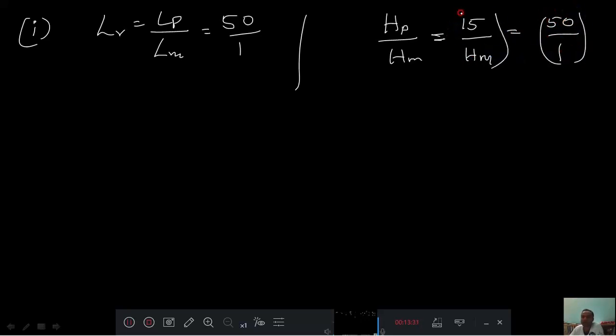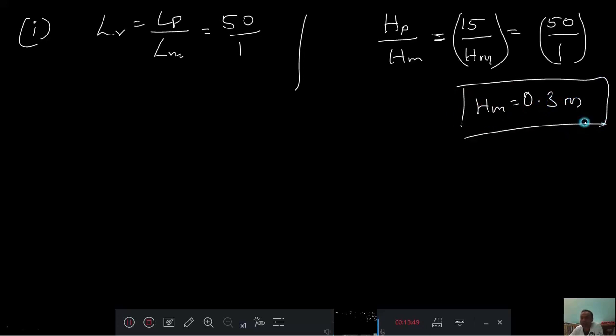What is this 50 by 1? This is the length ratio and this is also length ratio, therefore I am equating, therefore Hm is equal to 15 by 50. 15 by 50, that is 0.3. We got here 0.3 meter. This is your Hm, height of the model you got.